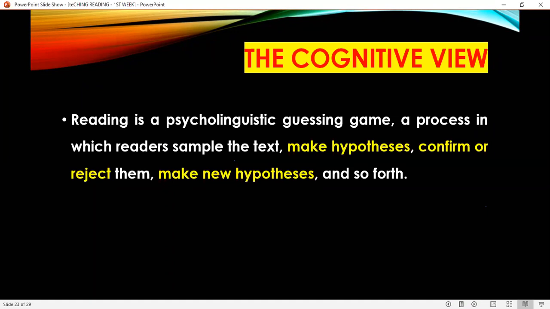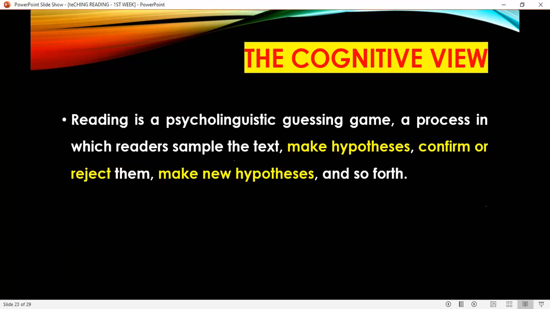In the previous one, you have to decode just what the text says, to reproduce the text. Here, no, you're not going to reproduce it. You're going to modify, because you are going to make hypotheses. You are going to confirm what the text says, or maybe you can reject what the text says, and so you can create new hypotheses and so forth.